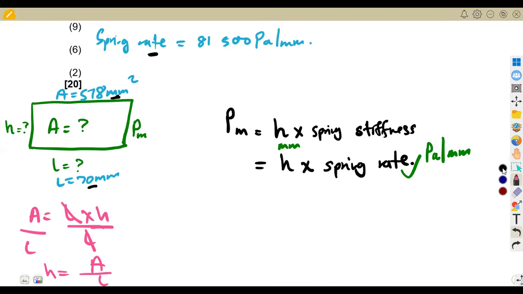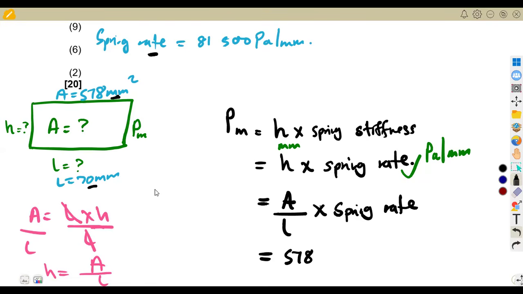So on our formula, in place of this height, we can write the area from the diagram over the length from the diagram, which is representing the height, times the spring rate. That's it. So we have the area, 578 square millimeters, over the length, which is given as 70 millimeters.